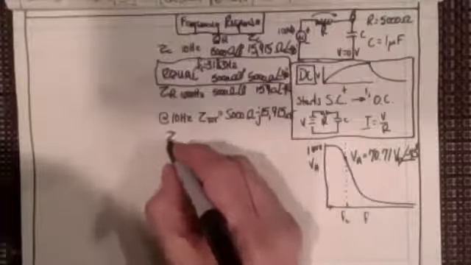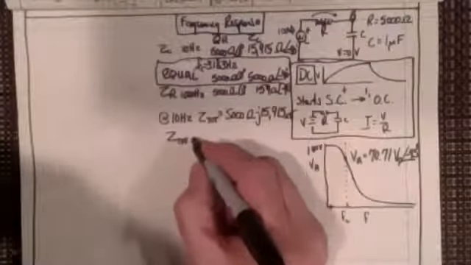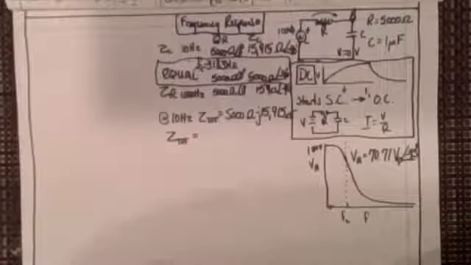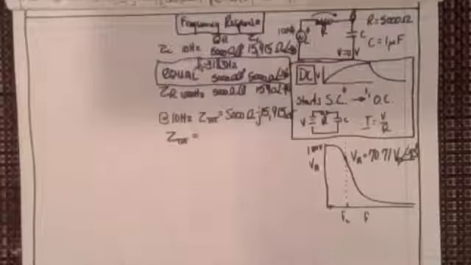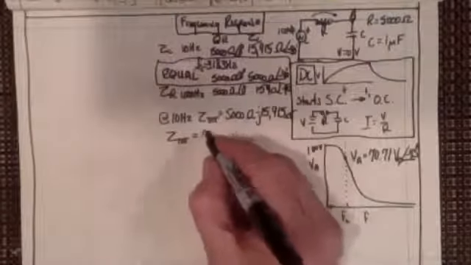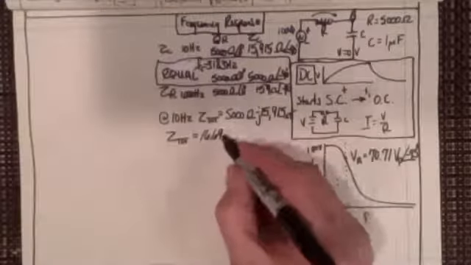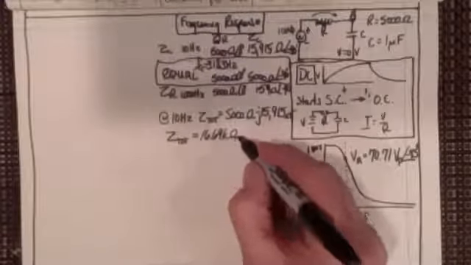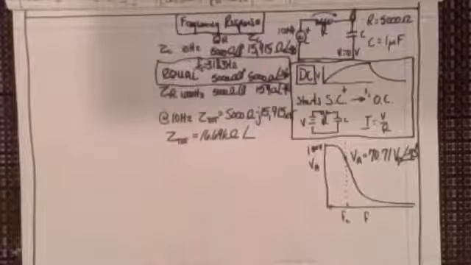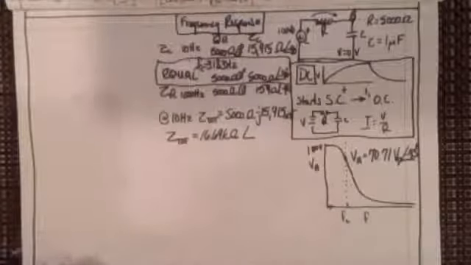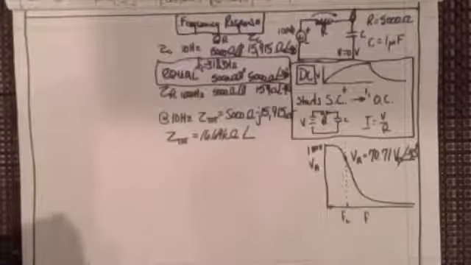If I wanted to write that total impedance as a vector instead, that would be 16.69 kilo ohms at an angle. Wait, don't tell me. I'm going to have to figure it out here myself.